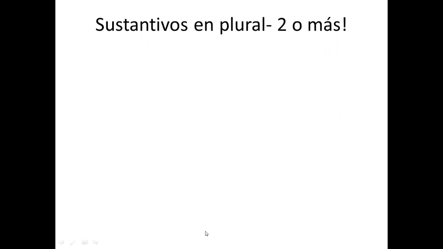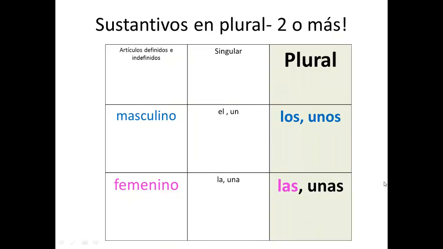Okay, so when we talk about plural nouns, we know that we have to have two or more. And here is the graph that you are familiar with at this point. So we've got artículos definidos e indefinidos, so definite and indefinite articles in this graph all mixed together now. And we've got singular versus plural.